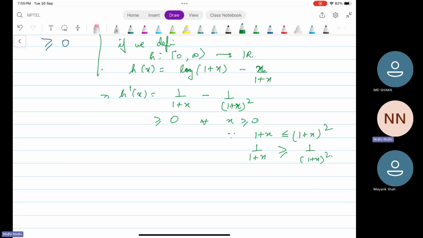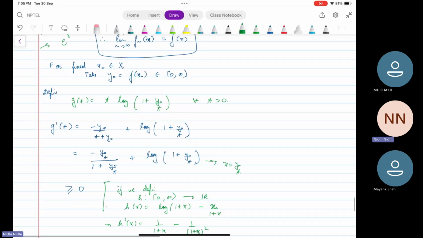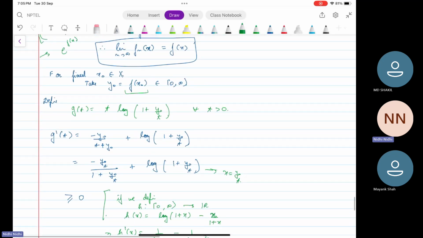Since this is positive, that means the function h is increasing in the closed interval 0 to infinity. That means h at y naught by t will be greater than or equal to h at 0 for every positive t, because whenever t is positive, y naught, which we already know is nothing but f of x naught, is also positive.